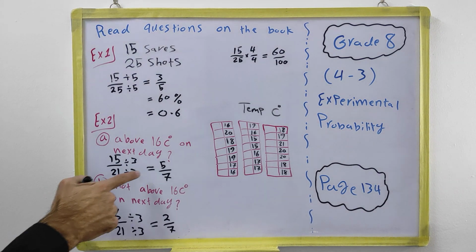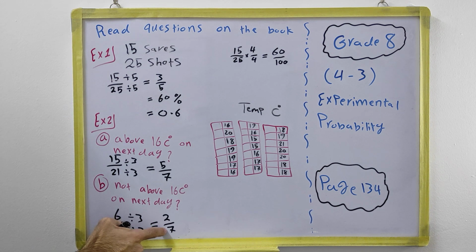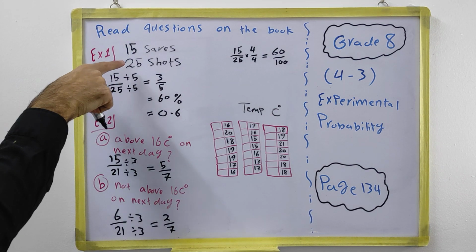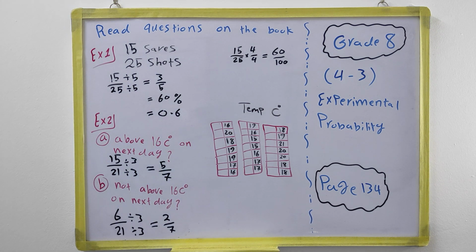So the probability of happening plus the probability of not happening must always equal 1. We know that from the other section. So that's how we find an experimental probability from an experiment which happened before.